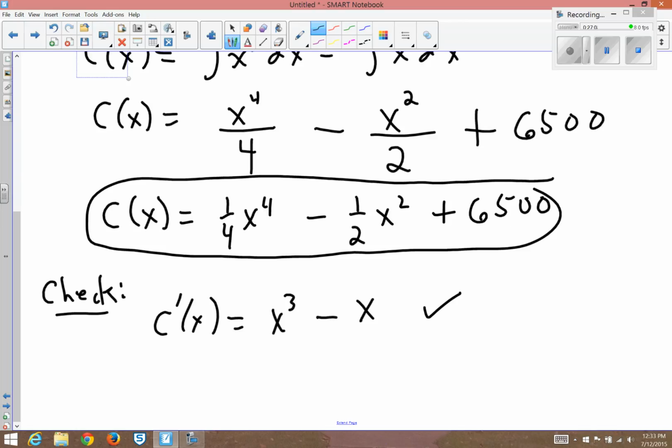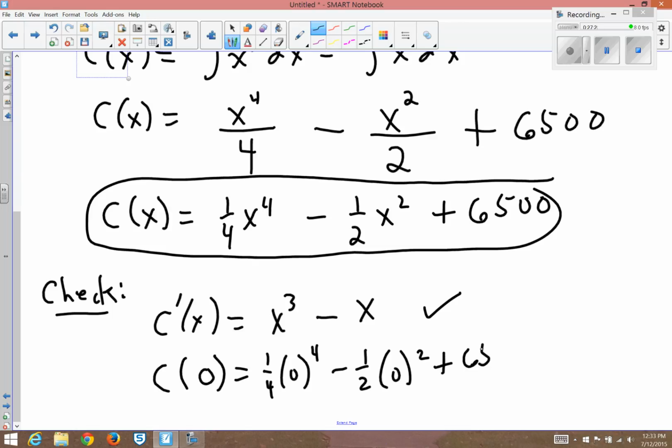Also, using our answer up here, the cost of producing 0 units would be 1/4 times 0 to the 4th minus 1/2 times 0 squared plus 6,500.